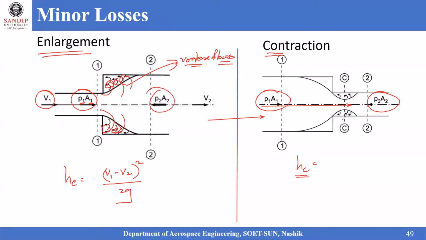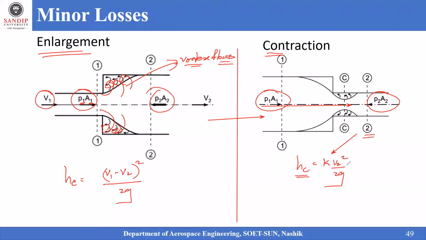It can be defined as, where the losses happen at the contraction section, the contraction constant K into V2 square by 2g. Whatever loss has happened at this section can be addressed by this formula: Hc is equal to K into V square by 2g. So that is due to the contraction.